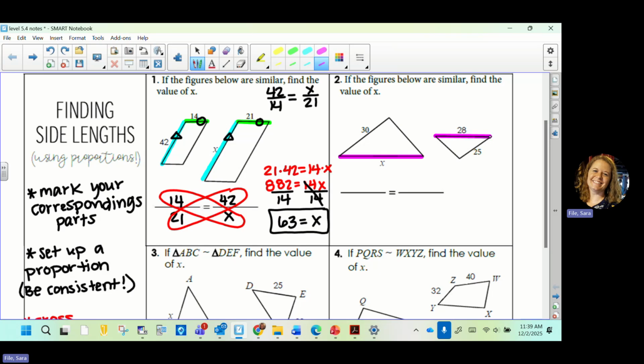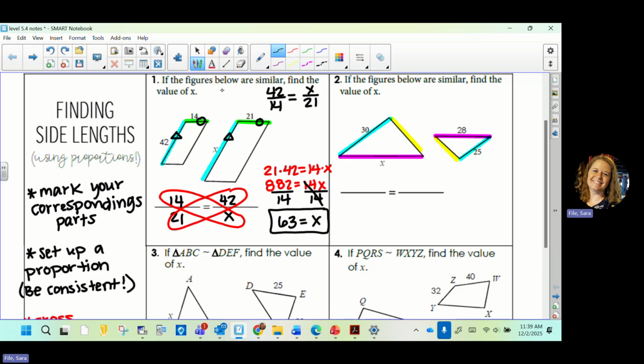So those correspond to each other. Okay, and then you can see the medium side to the medium side, and then the short side to the short side. Yeah, follow? So I've marked my corresponding parts. Okay, do shapes if you don't have colors.